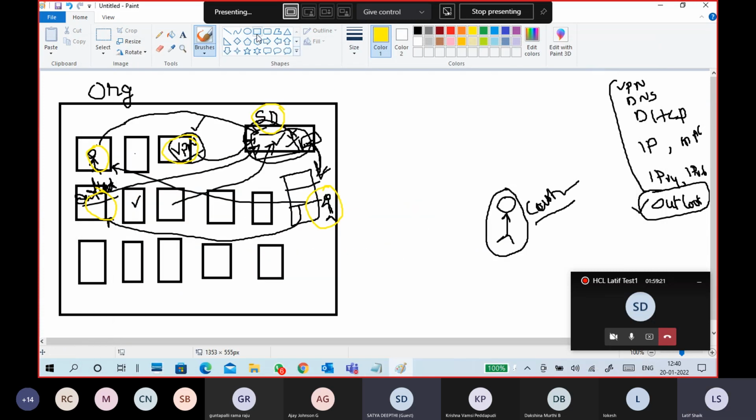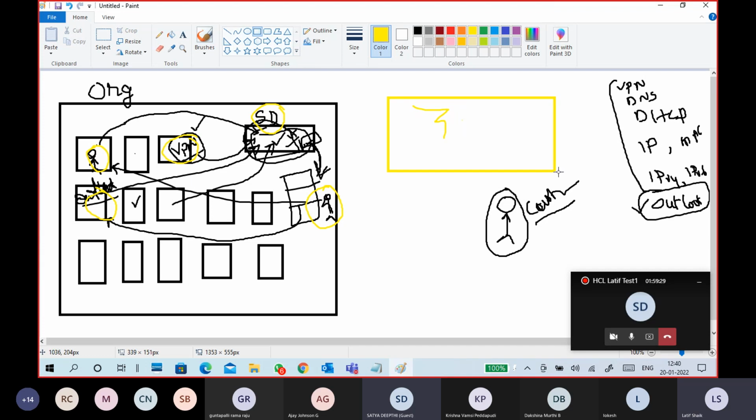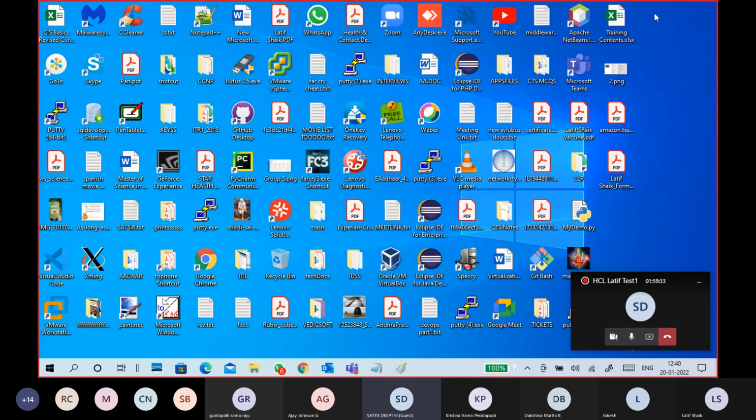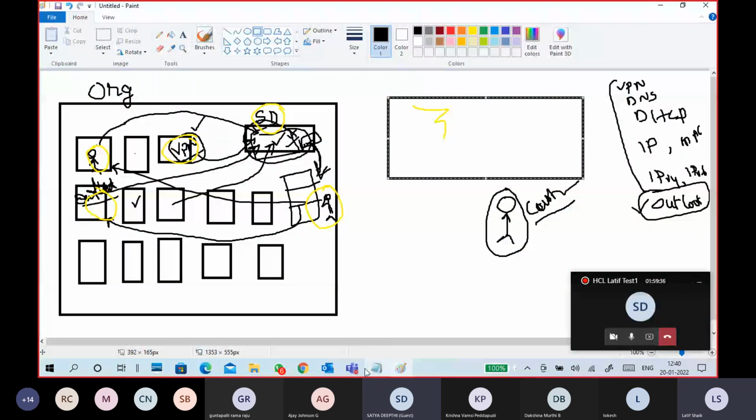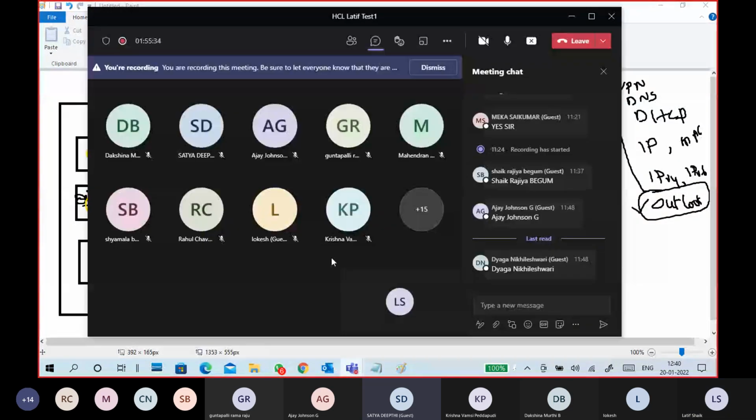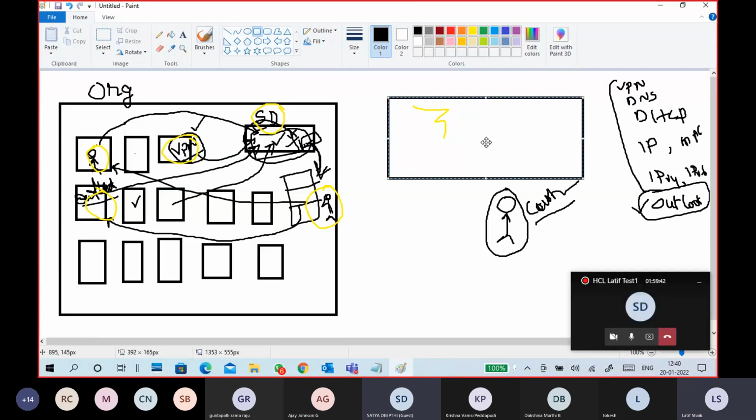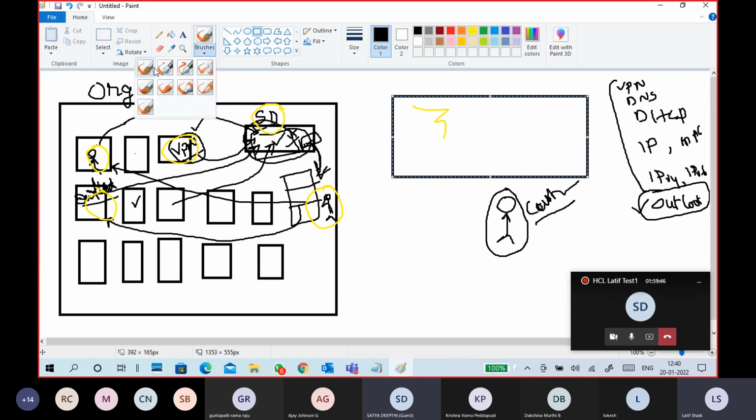Here it is. Your organization is there, for example, a separate organization. What is happening here? This is a separate organization. They require certain support from our organization.